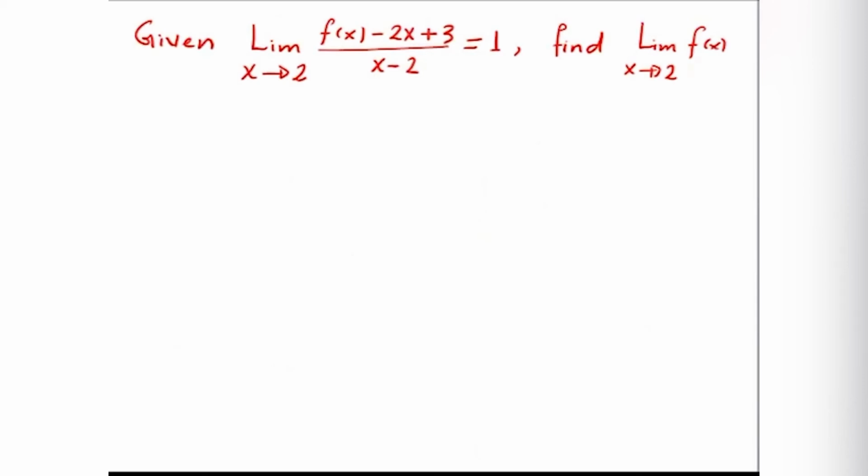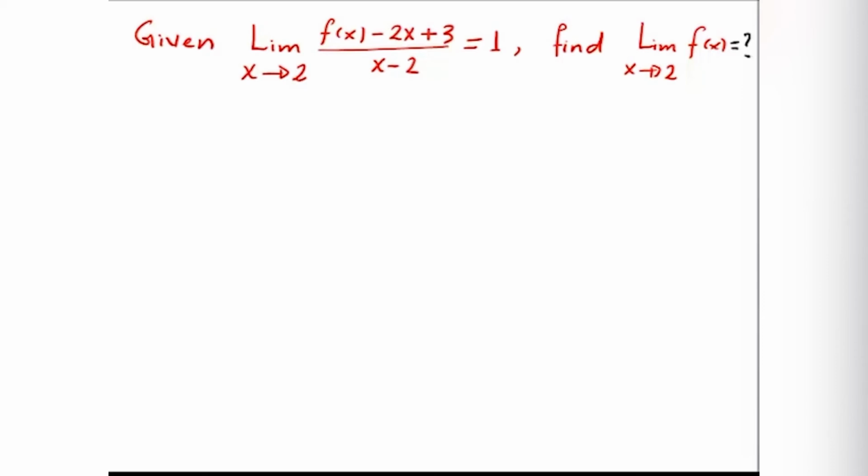In this limit problem, we are given that the limit as x goes to 2 of f of x minus 2x plus 3 divided by x minus 2 is equal to 1. So the limit exists. And we would like to find the limit of f of x as x goes to 2. So this is our unknown. I will solve this problem by using the properties of limits.